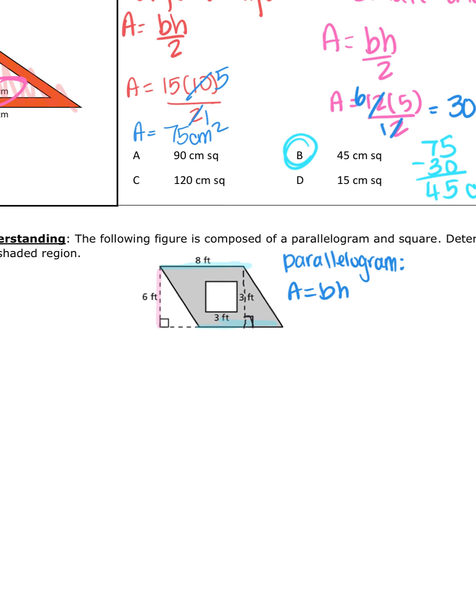Okay, it's the same thing. So my area, the base is going to be 8 and the height is going to be 6. So 8 times 6. Remember, this is not divide by 2. Okay, it's not a triangle, it's not a trapezoid, it is just a parallelogram. So that would be 48 square feet.